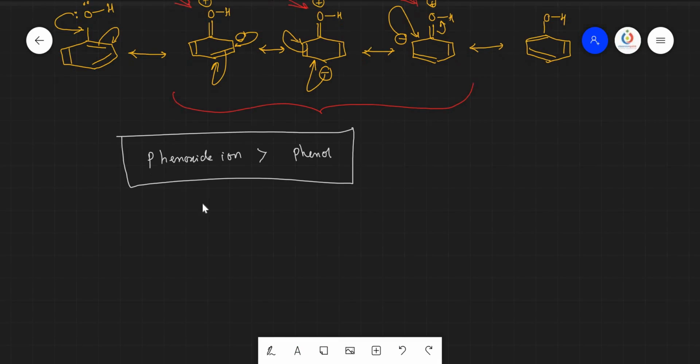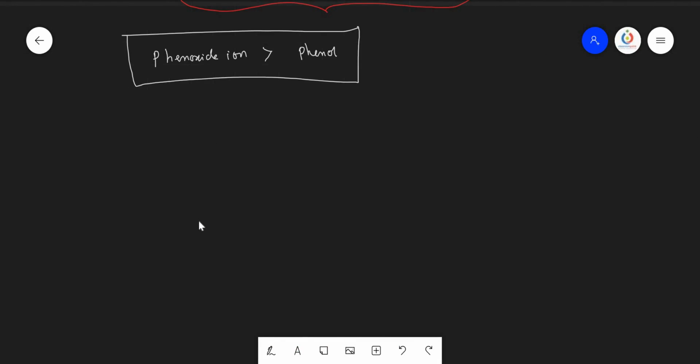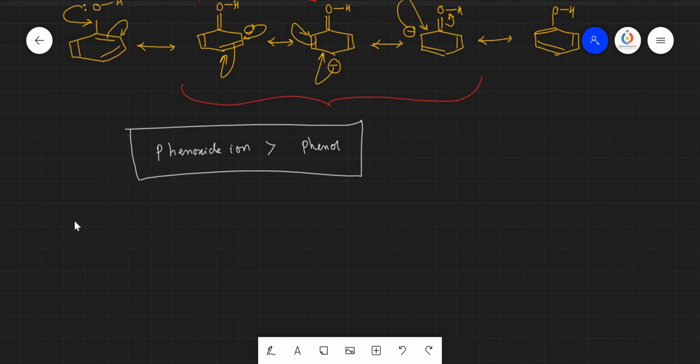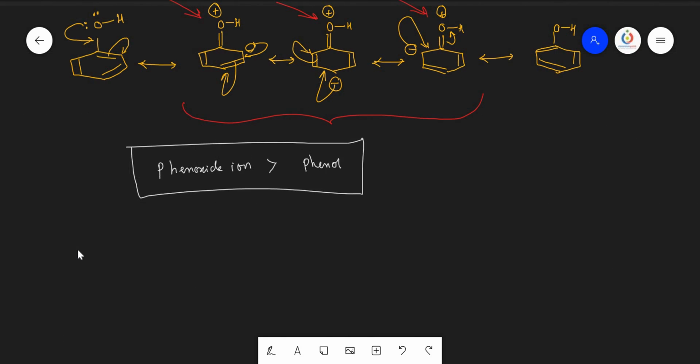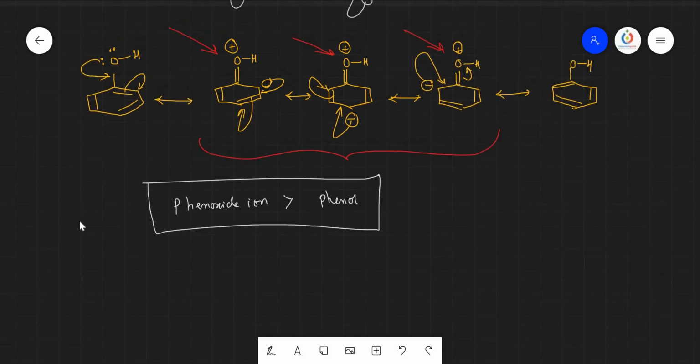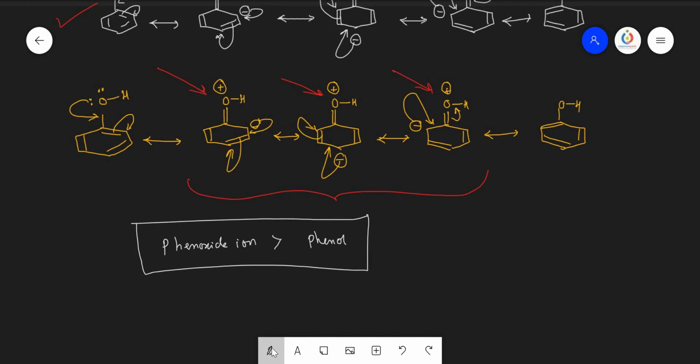Okay. Now, let us see some of the properties of this phenol. And before discussing the phenol, you need to see here, phenol undergoes electrophilic substitution reaction at ortho and para positions.